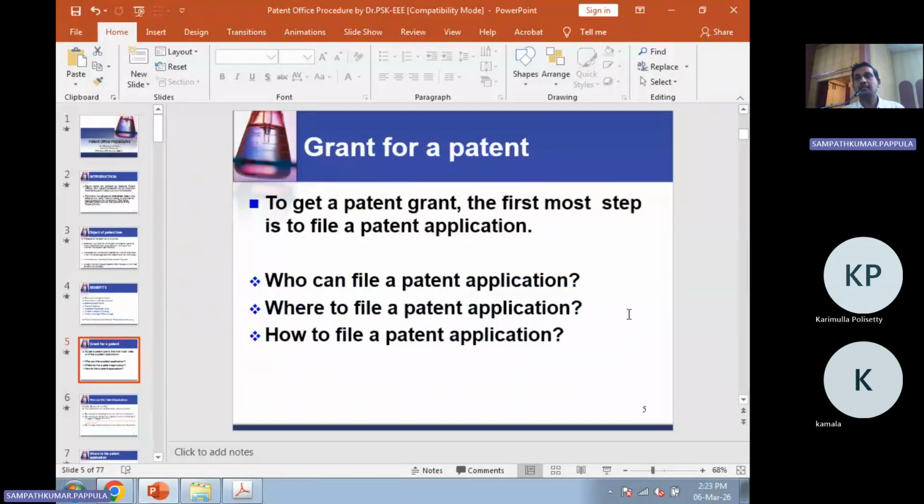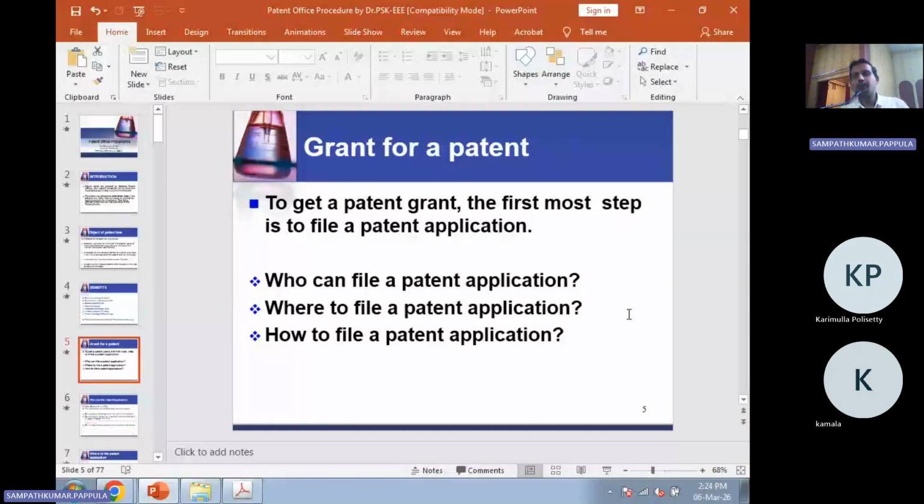And grant is also there. Grant and patent publication are both different. To get a patent grant, the first step is to file a patent application. If you want to get any grant, first of all you need to apply for a patent.